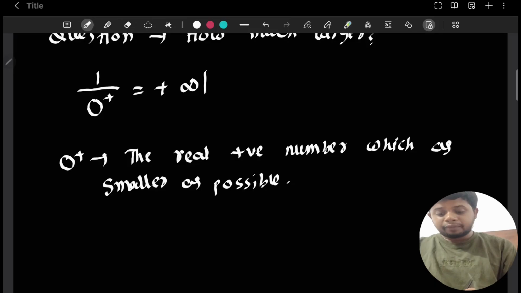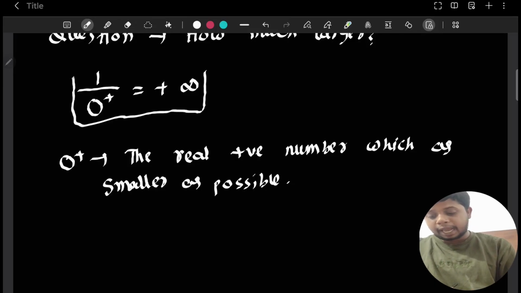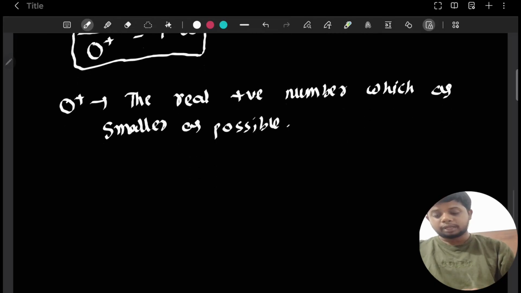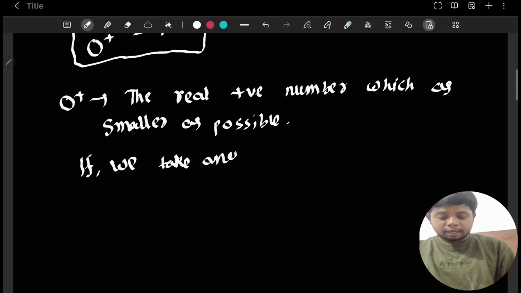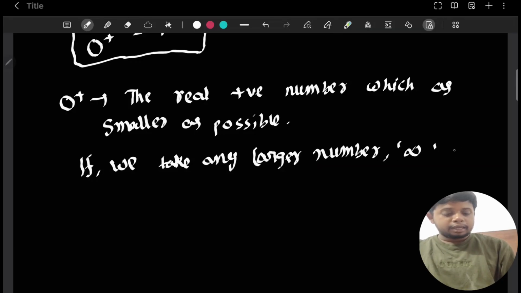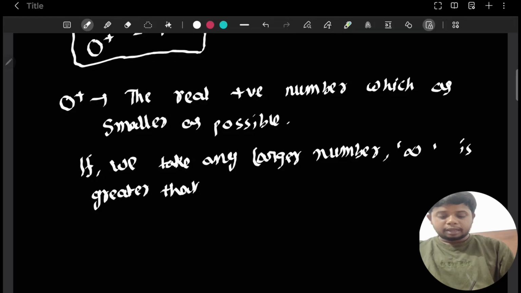So like that we can say that if I take that number in the denominator, I'll get the smallest number possible. If we take any larger number, infinity is greater than that number only.